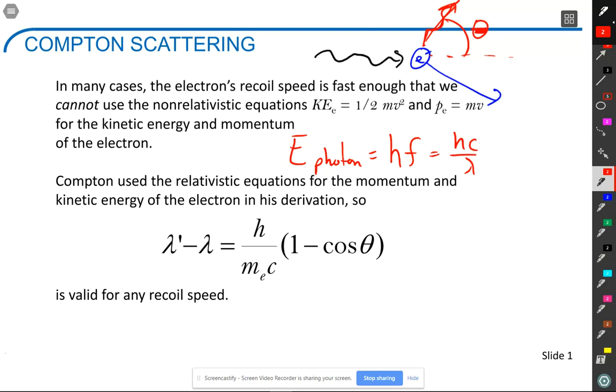Something that's 1,000 times smaller. So you could have Compton scattering off of a proton, but this number would be measured in femtometers instead of picometers. And so you'd have to have a super, super, super precise spectrometer to be able to observe it. So that's why we don't generally observe it. I think people have made some kind of observation of Compton scattering off of protons, but it's very specialized.